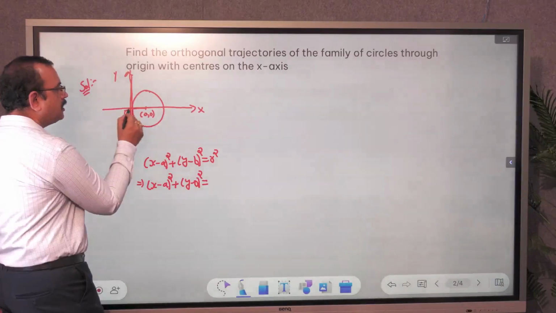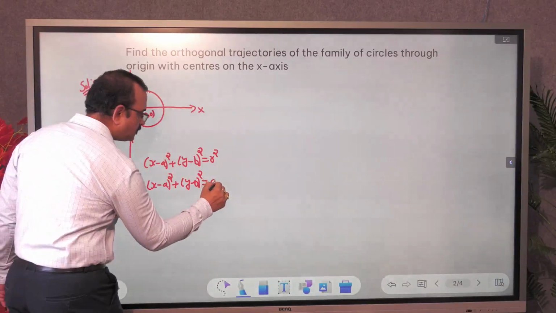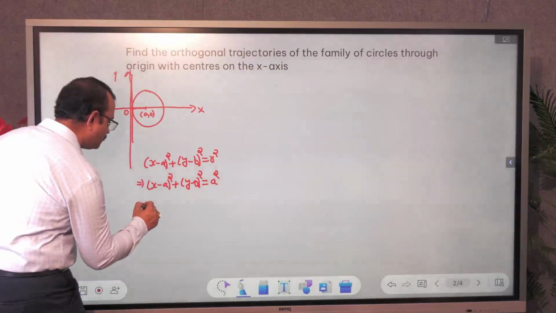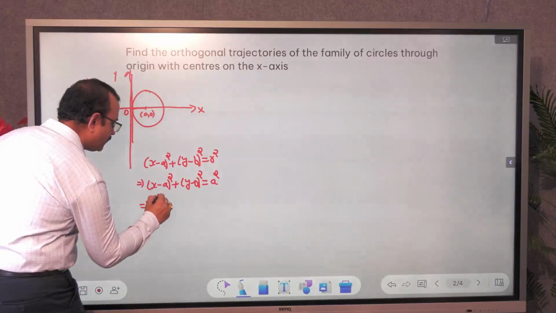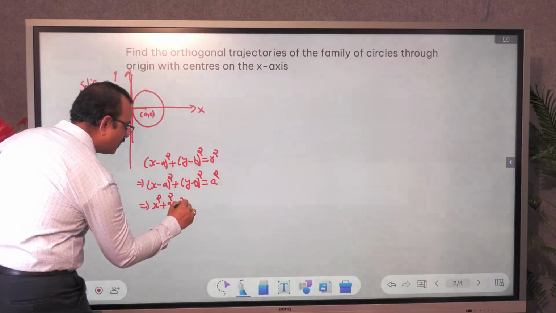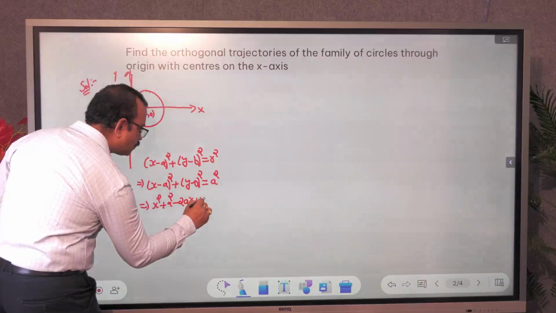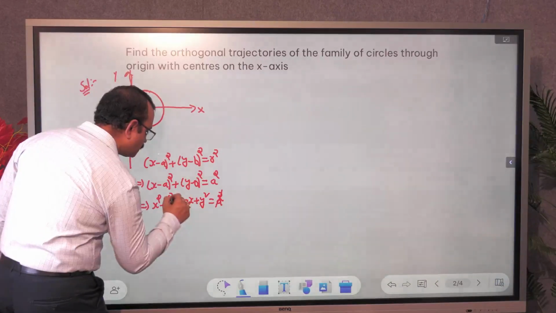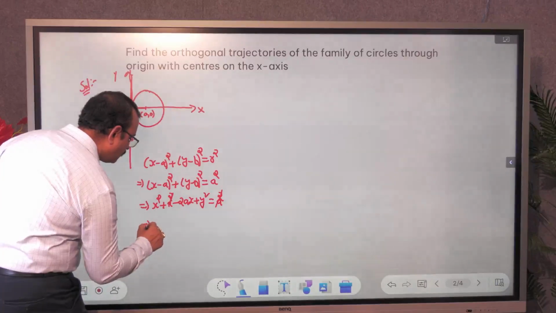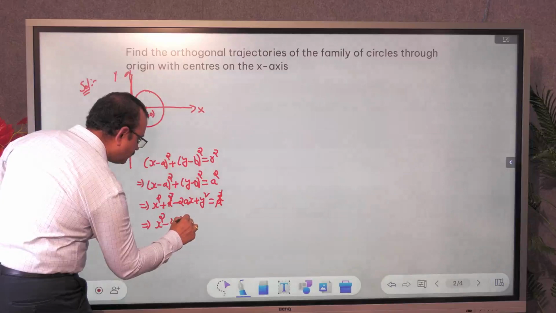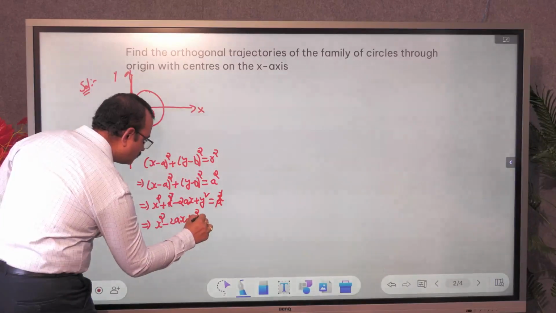What is the radius here? a is nothing but the radius here because the center lies on the x-axis. So if we simplify this, we get x square plus a square minus 2ax plus y square is equal to a square. So a square and a square cancel. Then we can write it as x square minus 2ax plus y square is equal to 0.